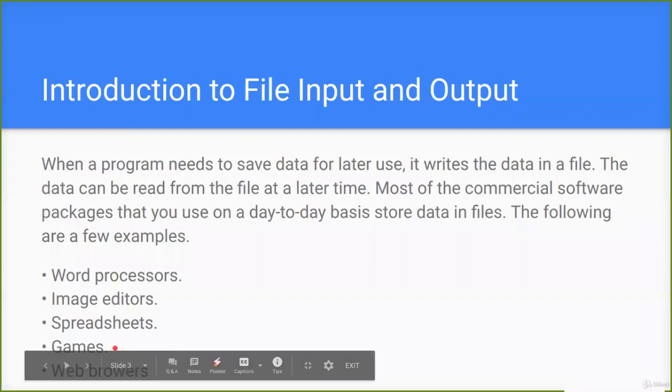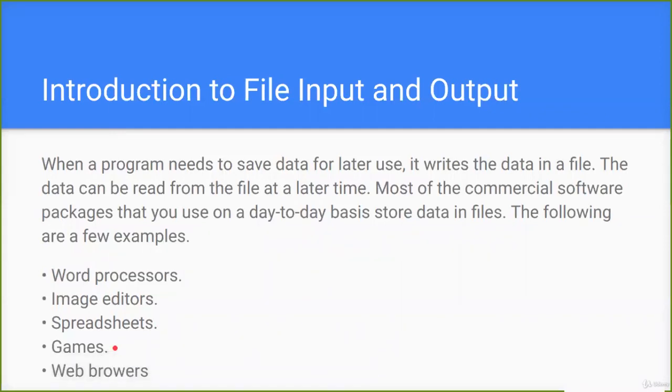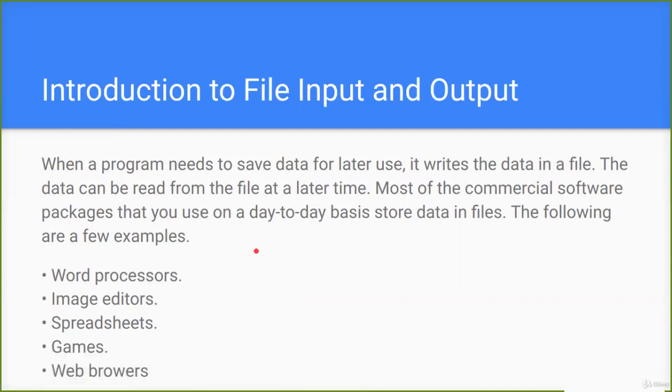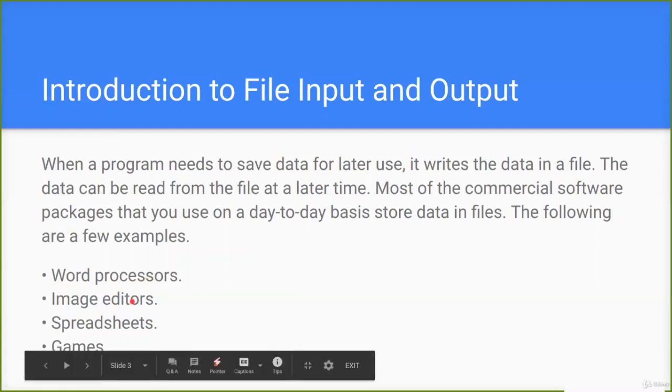And we also have games, and sometimes we also have our web browsers or HTML files, right? So these are the most common software or packages that we use in our daily life.